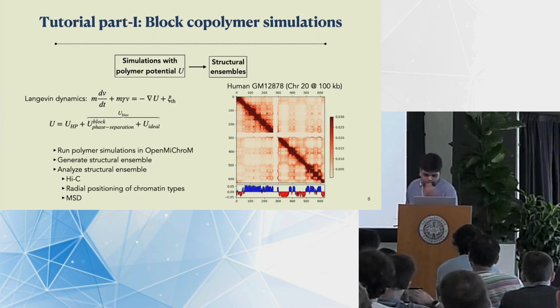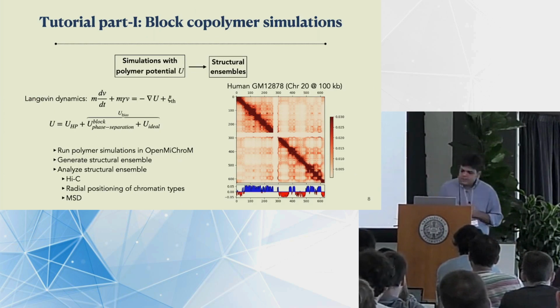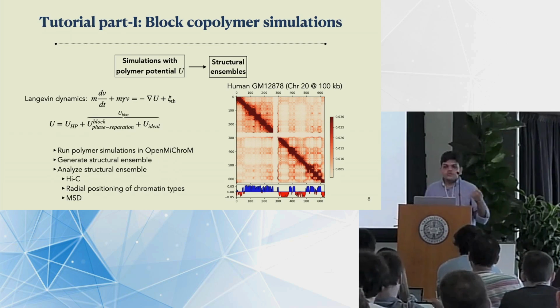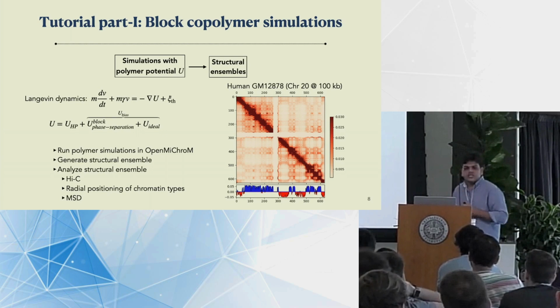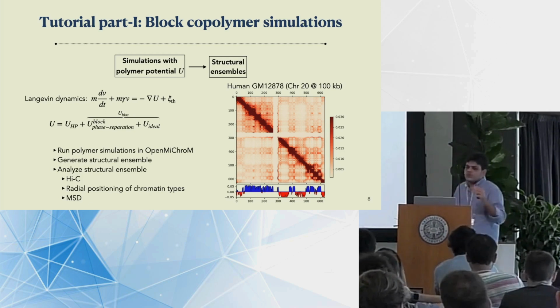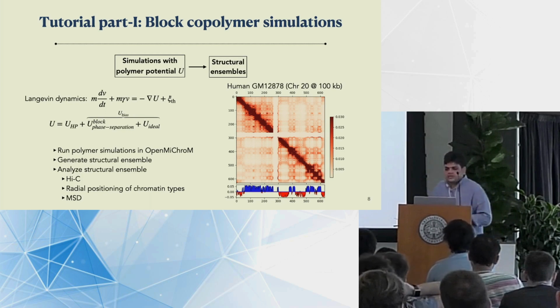So what we will do in the first part of the tutorial is run a block copolymer simulation where we will implement this kind of a potential, and we'll not go through parameter optimization. We'll fix the parameters and see what we get. Can we still get a similar checkerboard pattern?